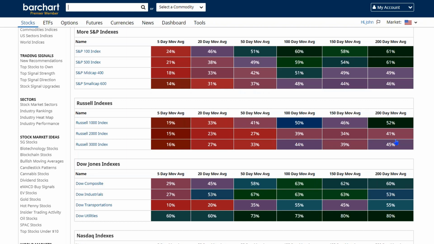Only about a third are above their 50-day and two-thirds are below. And if I look at a very short period of time, only 15% of Russell stocks are in a short-term uptrend. The Dow is similar to the S&P. And for the NASDAQ at the bottom, only 50% are above the 200-day moving average and only 25% above the 50-day moving average.